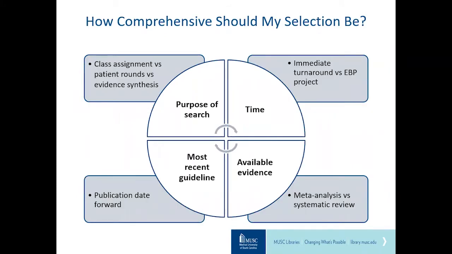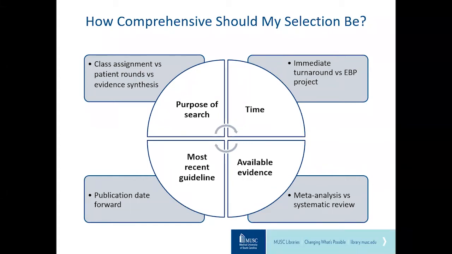Similar to the decision regarding how comprehensive the search should be, the decision to add an additional layer of inclusion-exclusion criteria is based on multiple factors. The first is the purpose of the search, which helps to dictate how comprehensive your collection should be.